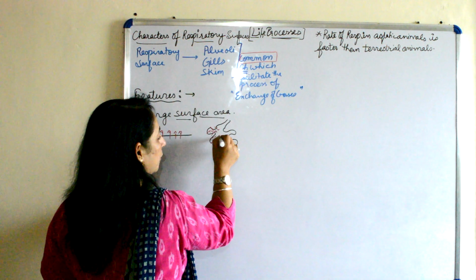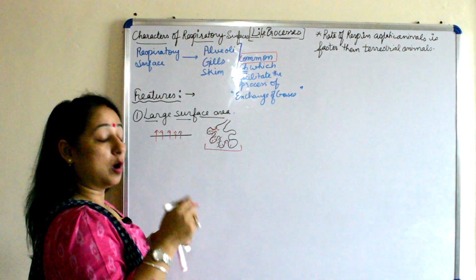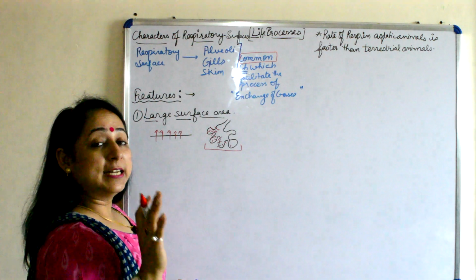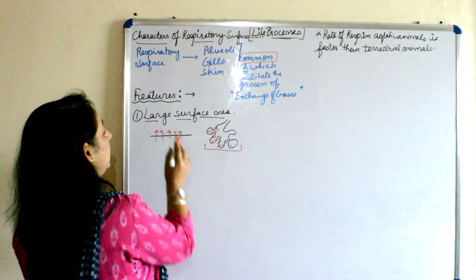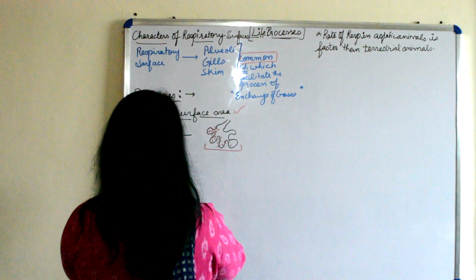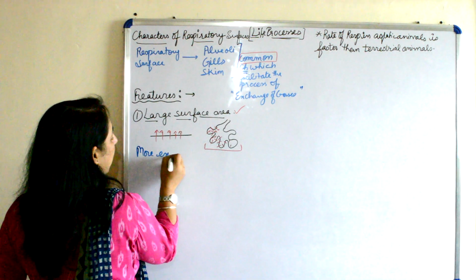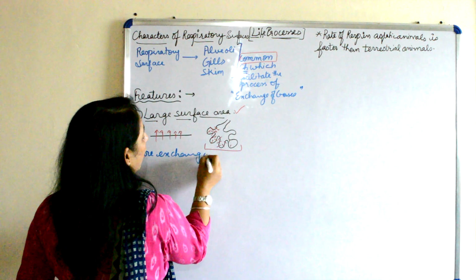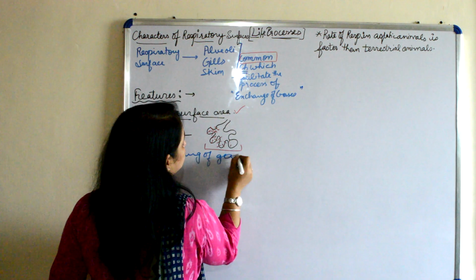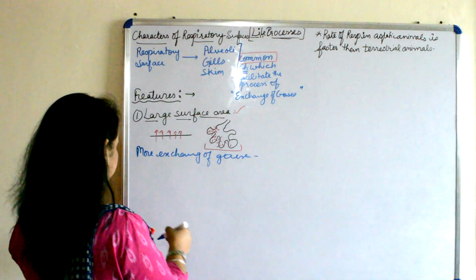So where is more exchange taking place? Here. So the respiratory surfaces tend to have large surface area for more exchange of gases, or you can say large amount of exchange of gases.